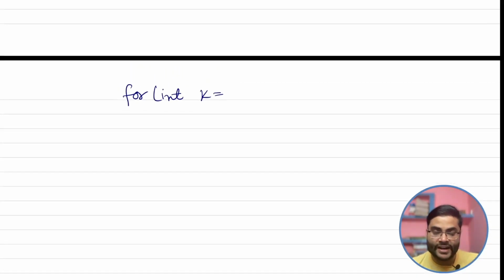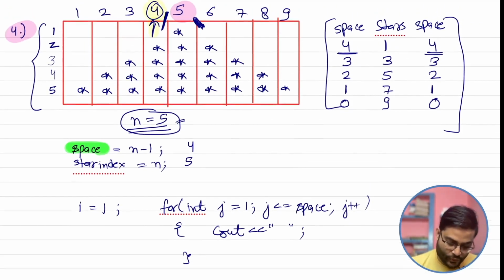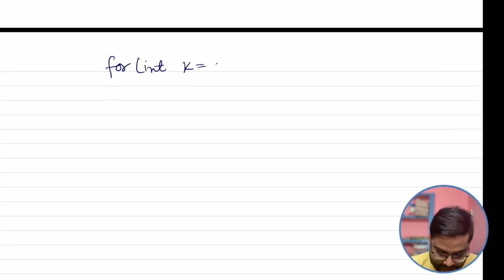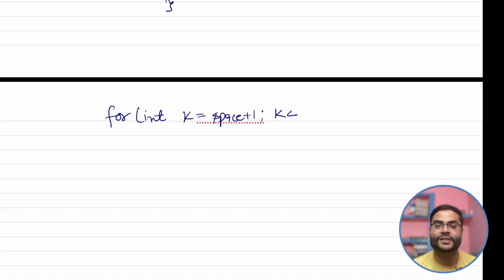Now let's print the star. Let's take it as k. What will be the starting index of our star? The starting index of the star will be the current index of space plus 1. Now till when will our stars run?